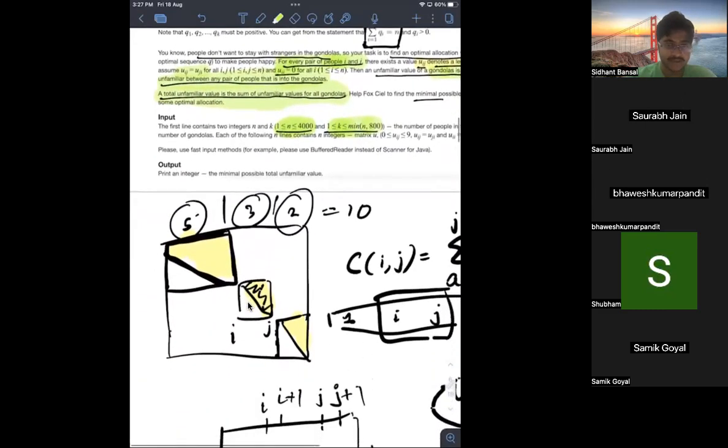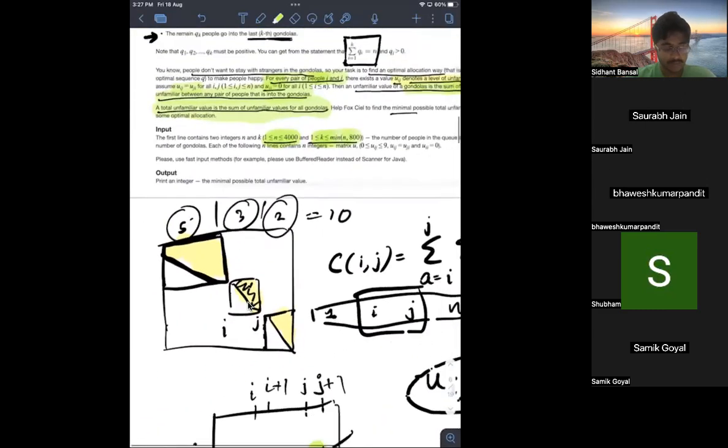If you take an example like this, where you have 10 people and your U matrix given like this, then you might have one allocation which says the first 5 people will be one group, the next 3 people another group, and the next 2 people another group. That is, in total you have 3 gondolas because you're making 3 groups. In this case, for the first 5 people, your cost will be this portion of the matrix, the portion shaded in yellow. And for the 3 people, it will be something like this.